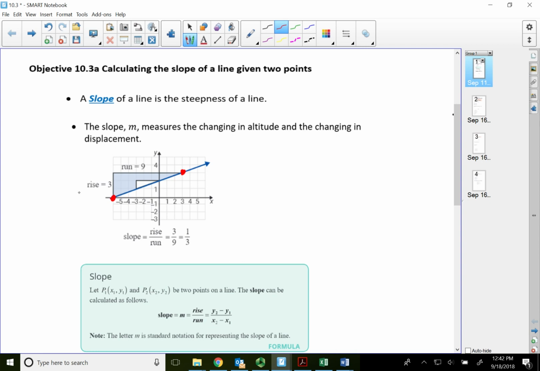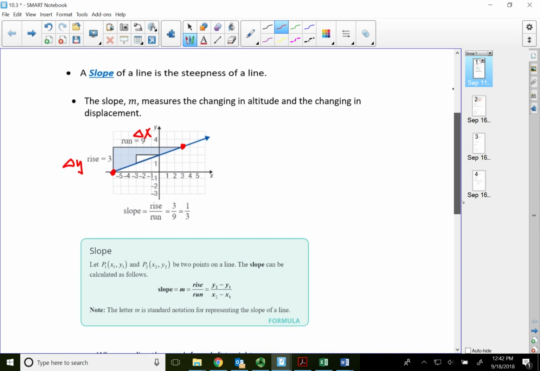Change in altitude is called delta Y. All right. Change in displacement. So once I go up 3 places and go to the right 9 units, change in displacement is called delta x. Okay, the word delta here means change.